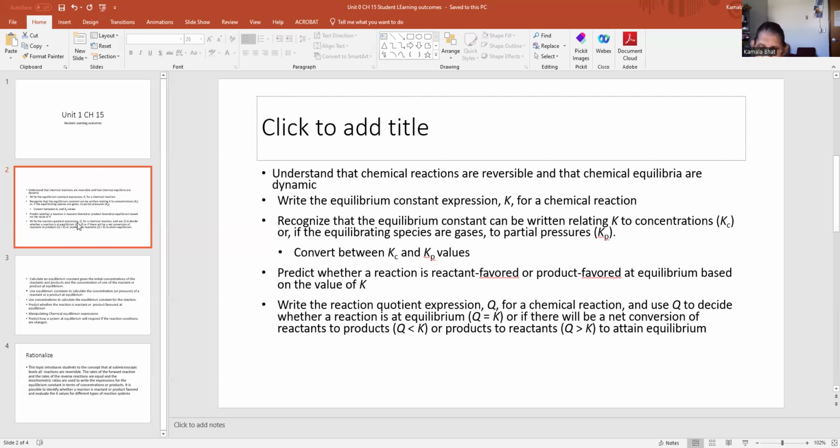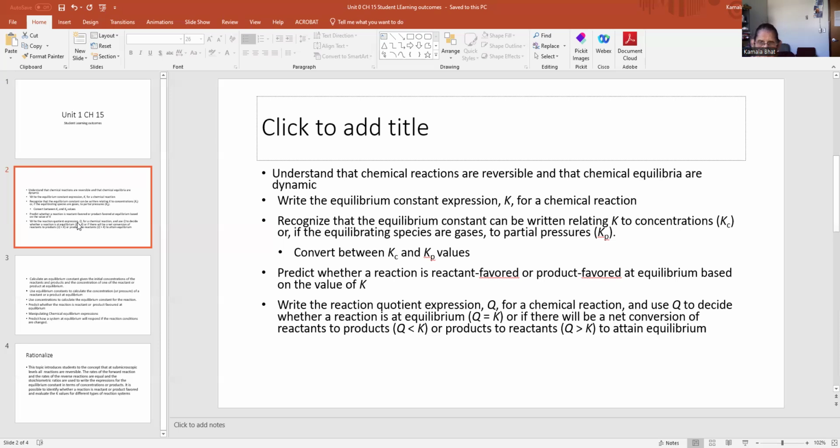Remembering that partial pressure is related to the concentration for the chemical reactants and products, we can then correlate the equilibrium constant at concentration level or in terms of partial pressure.